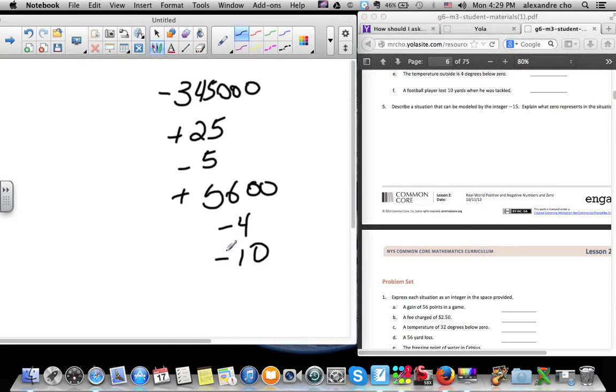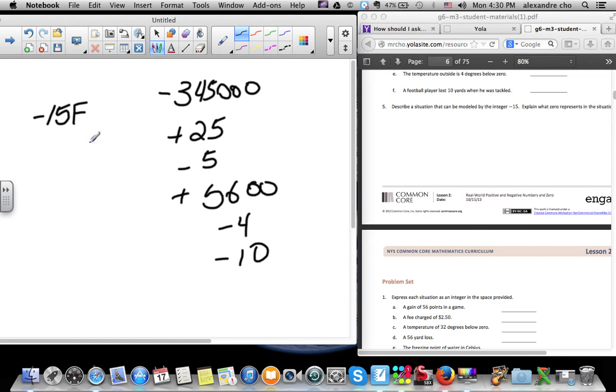And describe a situation that can be modeled by the integer negative 15. Explain what 0 represents in the situation. Well, a situation that can be modeled is negative 15 Fahrenheit. So you can write a temperature, which we had not too long ago. Temperature yesterday was negative 15 Fahrenheit.